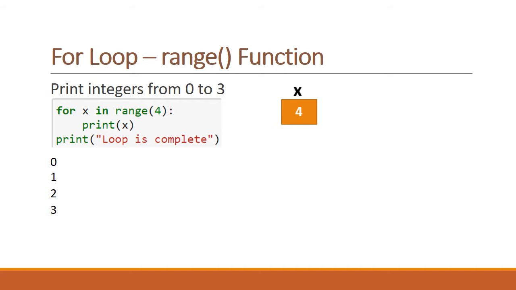The computer verifies that x is within the range, and because range 4 will include the integers 0, 1, 2, and 3, 4 exceeds that range, and therefore the execution of the for loop is complete.